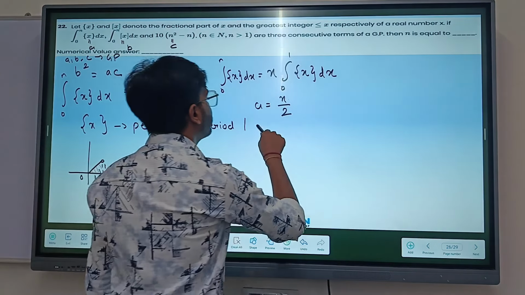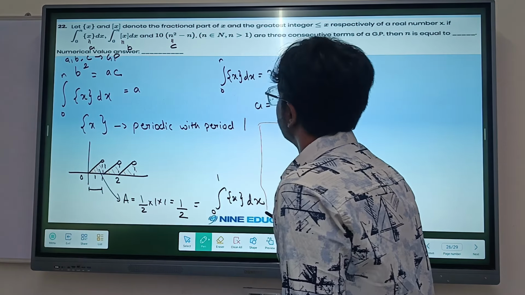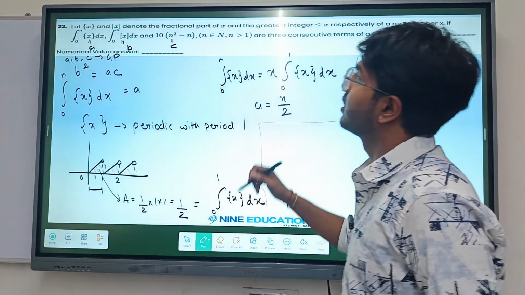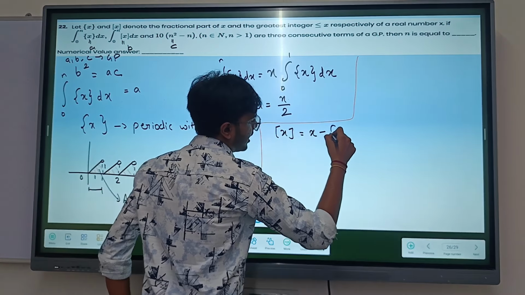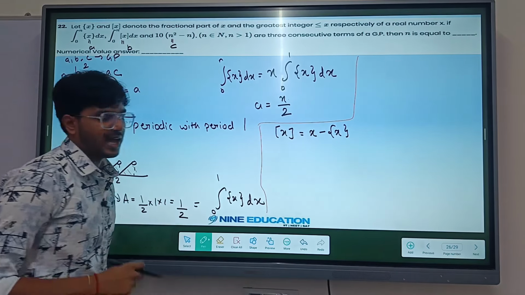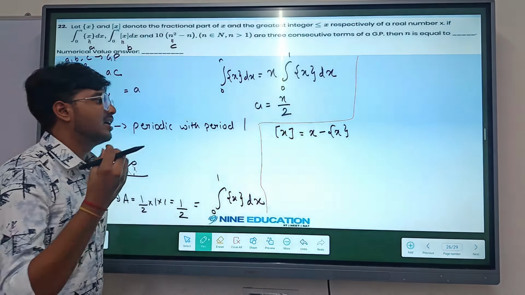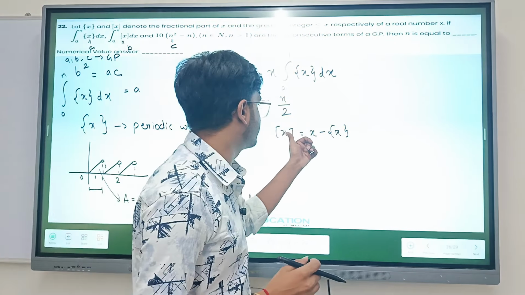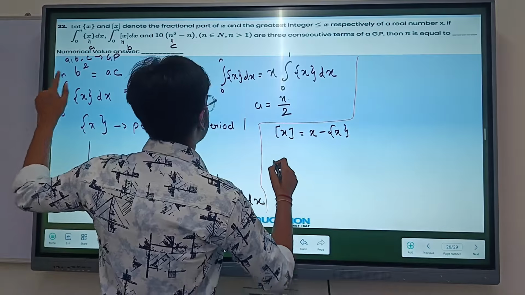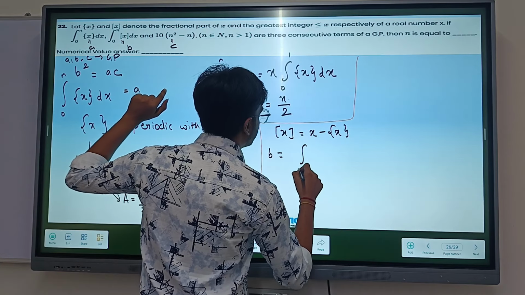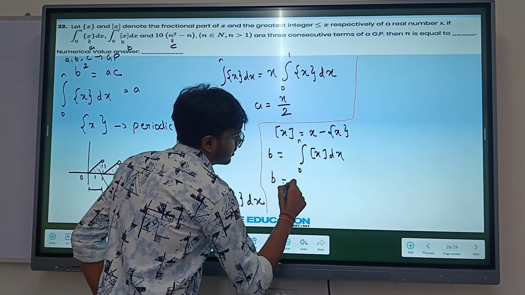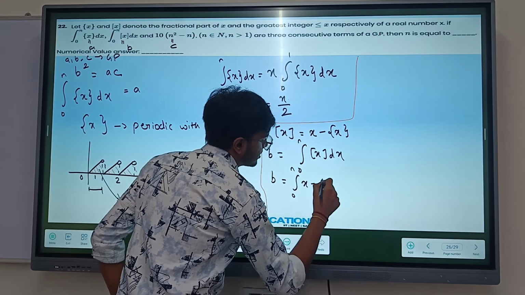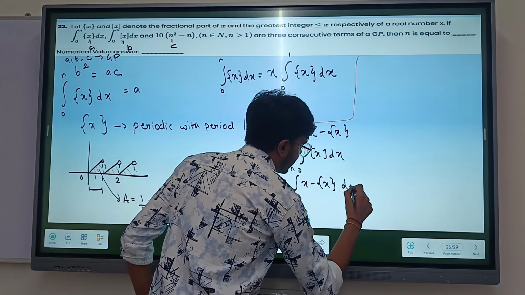Now let's talk about B. B is greatest integer. So greatest integer of x, I can write it as x minus fractional part of x, yes or no? X is made up of greatest integer plus fractional part. So B, which is equal to 0 to n greatest integer of x dx, you can write as 0 to n of x minus fractional part of x dx.